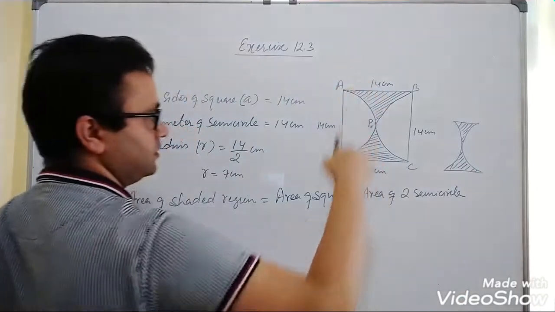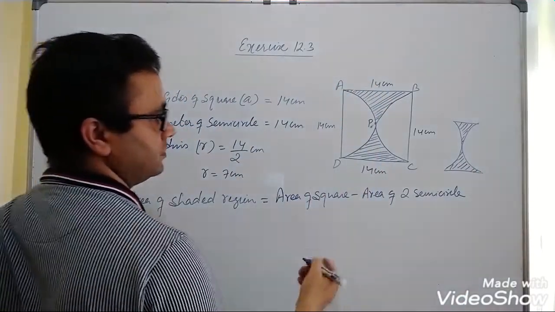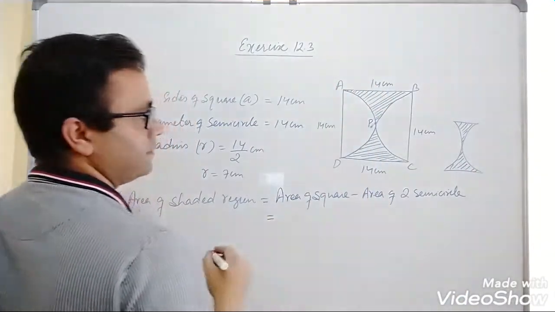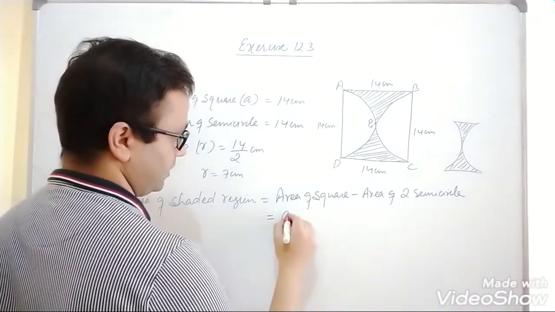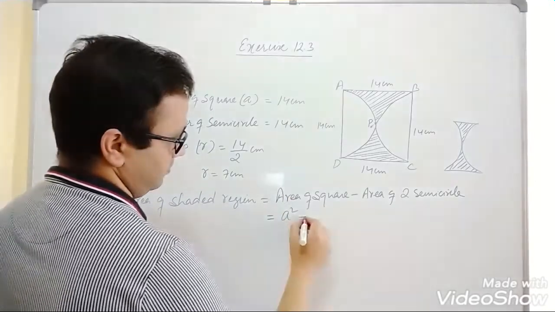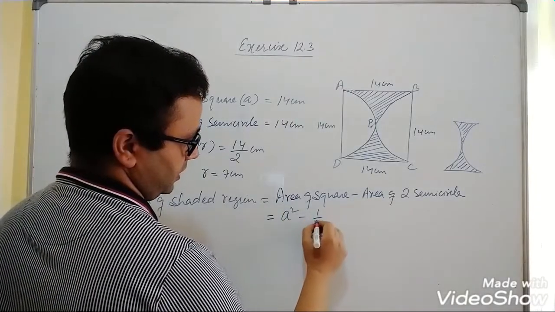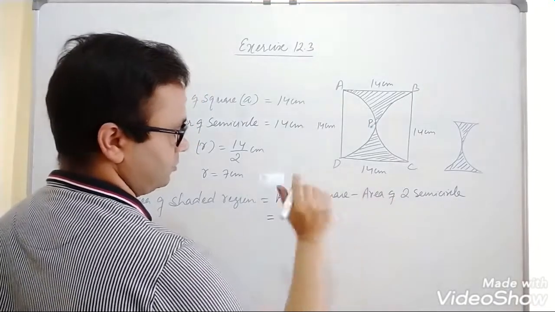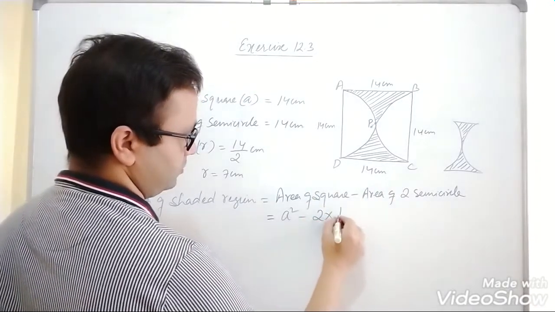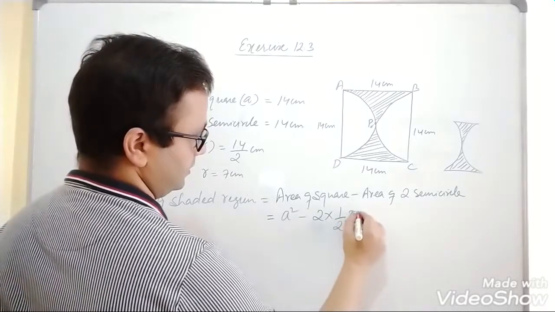So the formula for the area of a square is side squared, a squared, minus the area of a semicircle, which is half pi r squared. There are two semicircles, so two times half pi r squared.